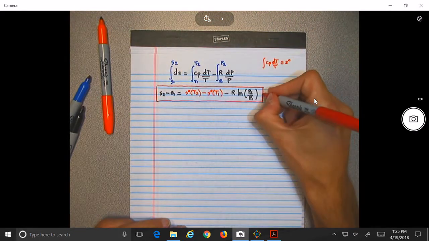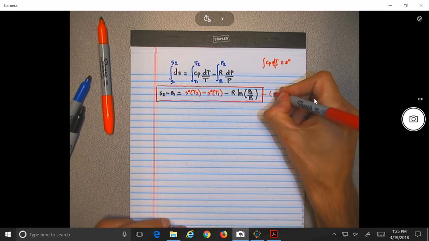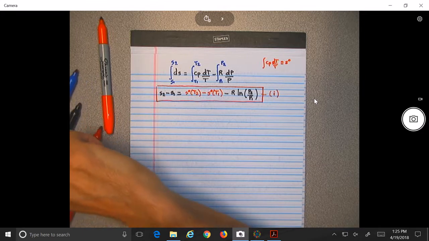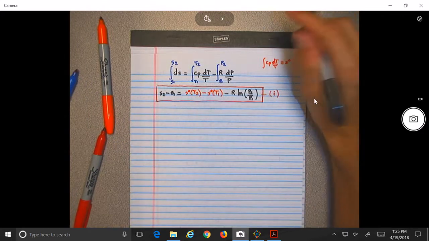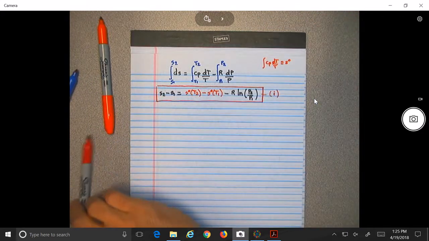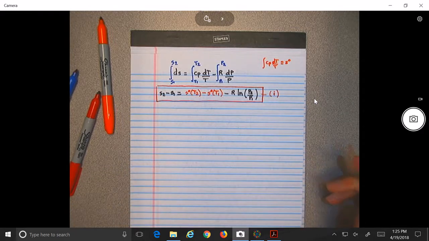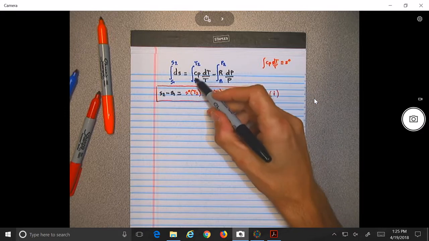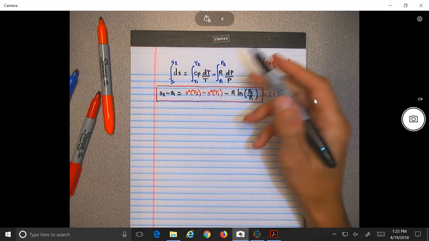Okay. So let's say it will be our equation 1. This is the way they actually solve the problem in the solution. But what happens if you assume Cp constant, which in our problem is constant? You can put it outside the integral. So then this becomes what?